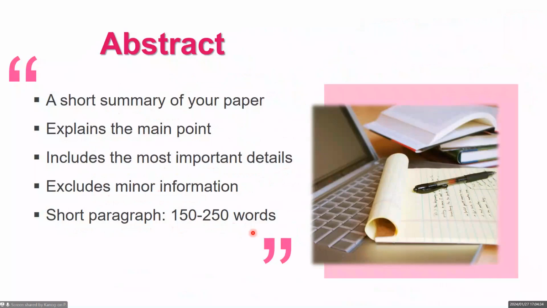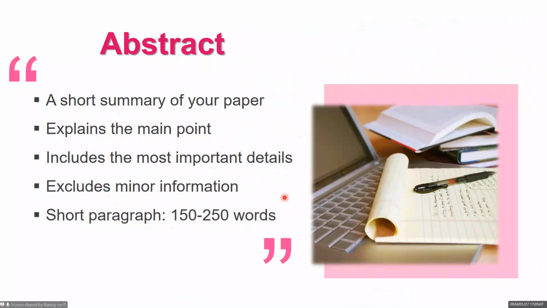It's very important to write an abstract, because most of the time when you want to publish your research paper, the publisher or the journal might ask you to submit the abstract first. If they're interested in your abstract, they will request the full paper.